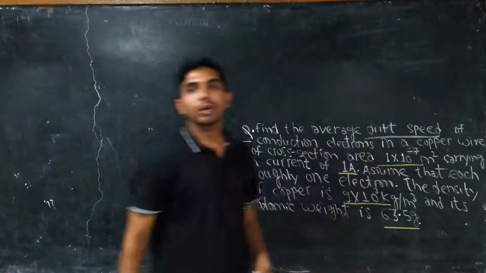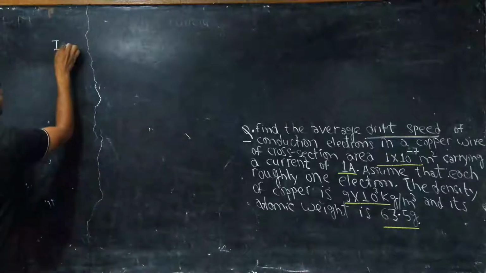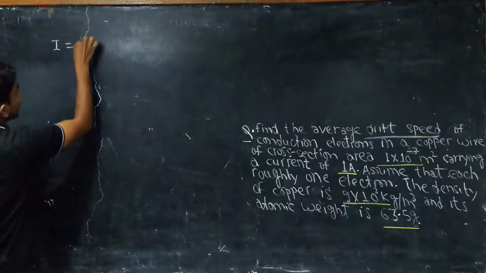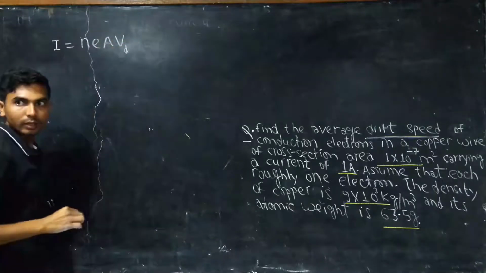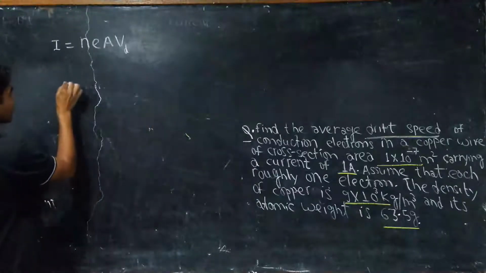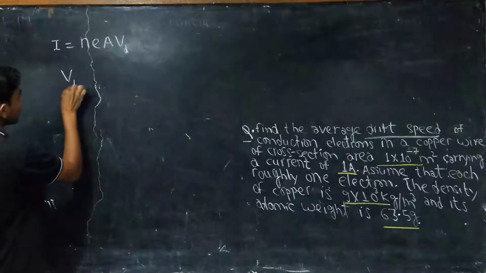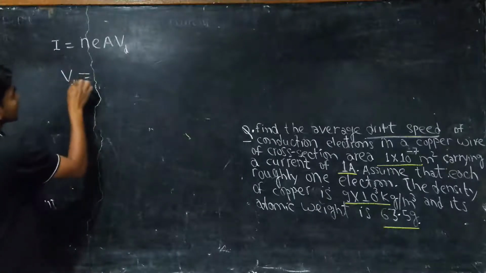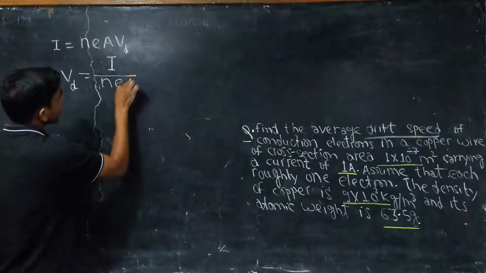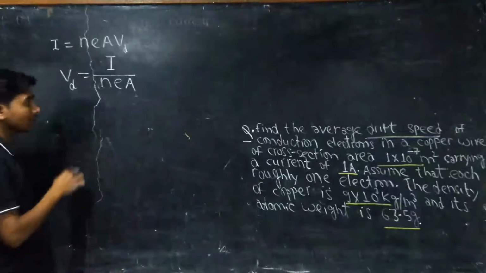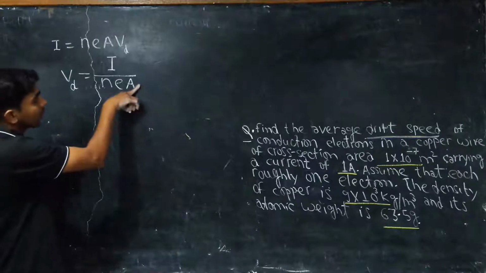So you know the formula: I is equal to N E A vd. And here we have to find drift speed, which is vd. So from here we can write vd is equal to I by N E A. But there is a problem here.